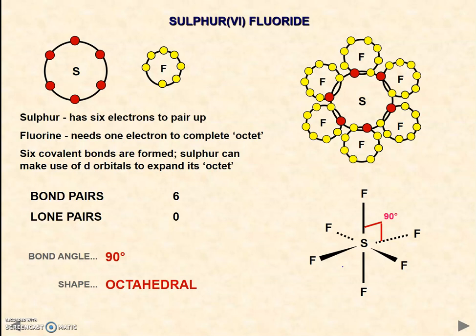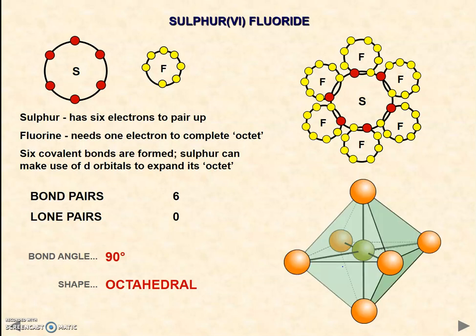Finally, the final shape with bond pairs only is called octahedral. We see this when we have sulfur as the central atom.